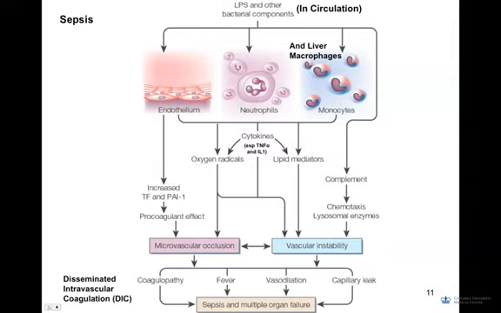So the key cells that the bacteria and bacterial components are going to interact with in circulation includes the endothelial lining of blood vessels. The endothelial lining of blood vessels interact with the bacterial components and increase the release of tissue factor and platelet activating factor, and that's going to increase clotting, and that increased clotting can cause small blood vessels to be occluded by those clots.